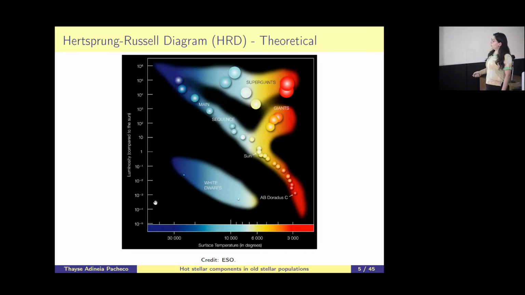As you can see, most stars are distributed on the main sequence, and we have a few giant and supergiant stars, and then the star can evolve to the cooling sequence of white dwarfs.